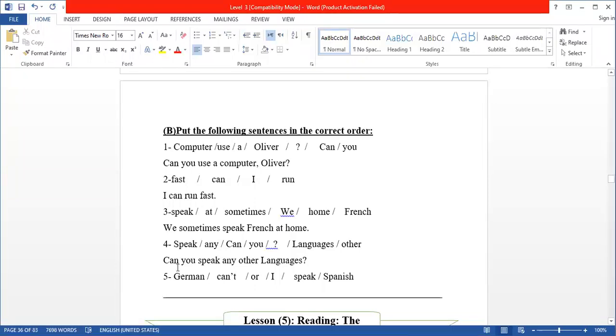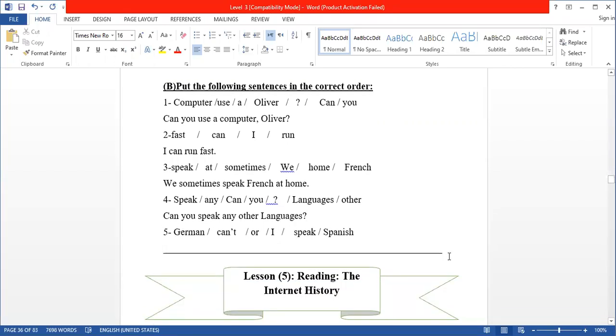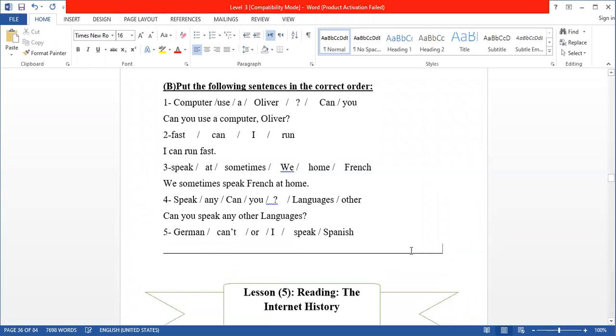Five. German can't or I speak Spanish. Yeah, it is going to be like this.